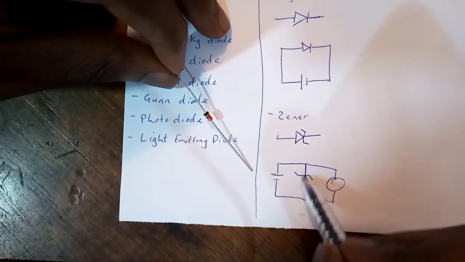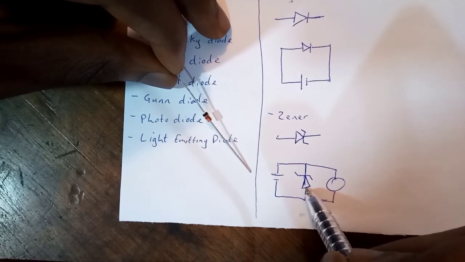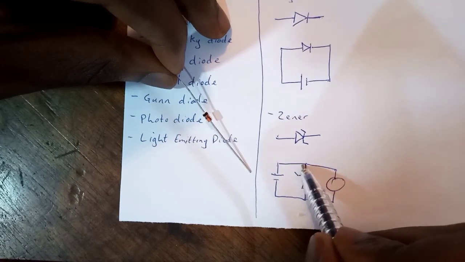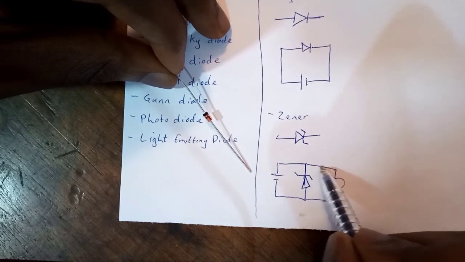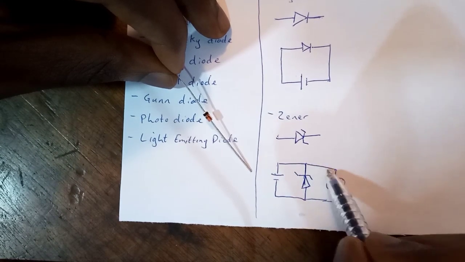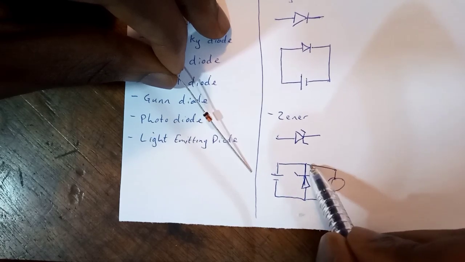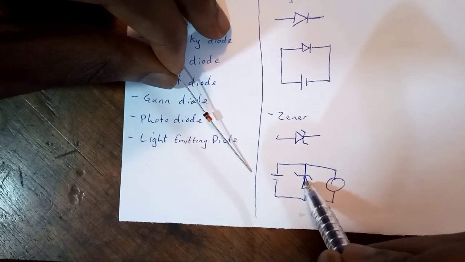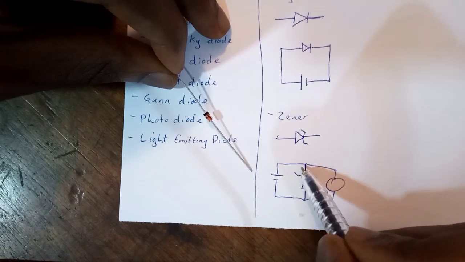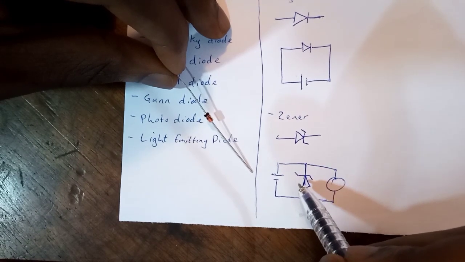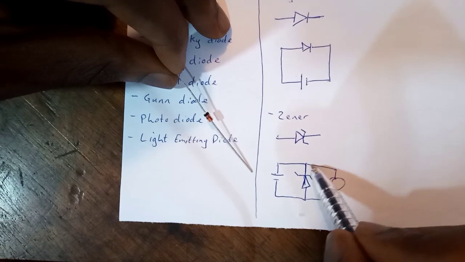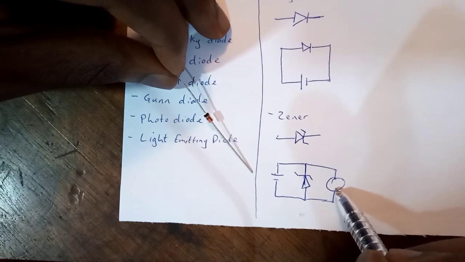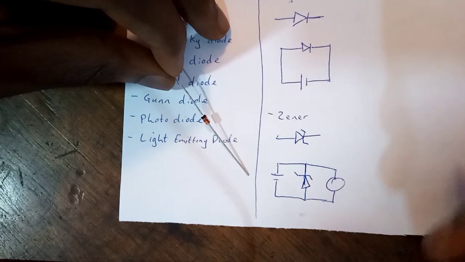If this is a 5-volt rated Zener diode, if 1 volt is passing through here, this is reverse bias, 2 volts, 3 volts, 4 volts. Once it gets to 5 volts, the depletion layer breaks down and it short circuits sharply, causing nothing more than 5 volts to go to this place. Hope you understand.